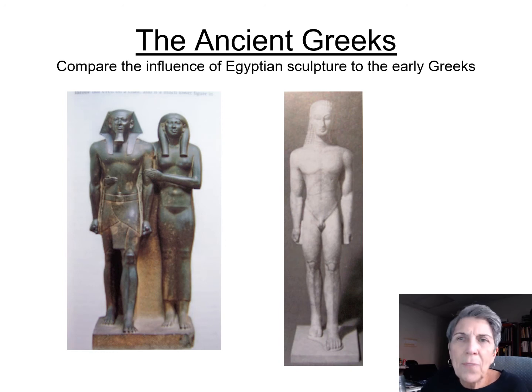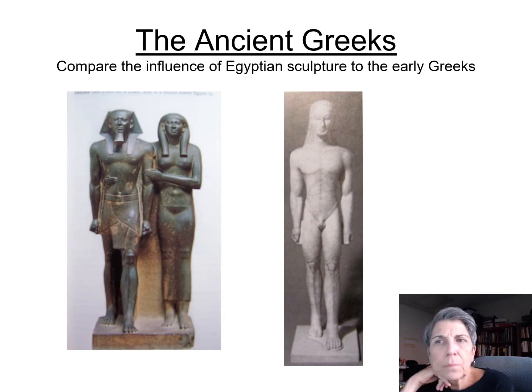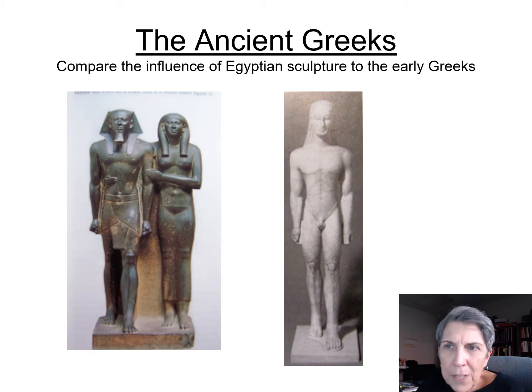Yes, the undraped figure. These are life size. So there's Pharaoh Mycerinus and his queen. That is obviously Egyptian. What is important is that you understand that Egypt influenced the Greeks in many, many ways.